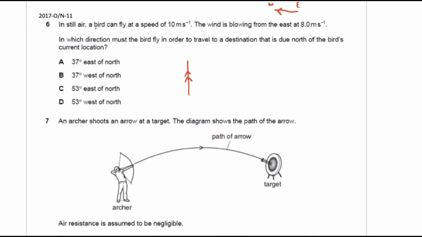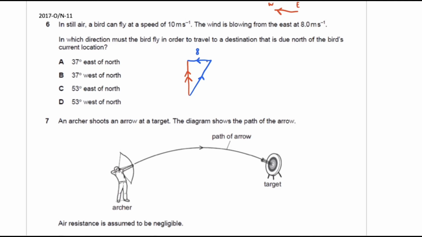So because of that, the bird has to fly in a particular direction, which is going to be like this. The bird flies this way, and then the wind blows it this way. So we are using vectors, and this is about vectors. The bird flies this way, the wind blows this way. The resultant moves straight. So that is the resultant.